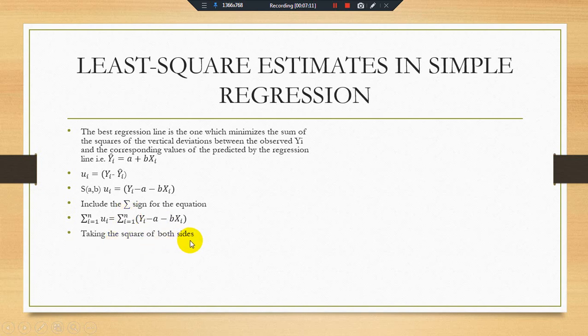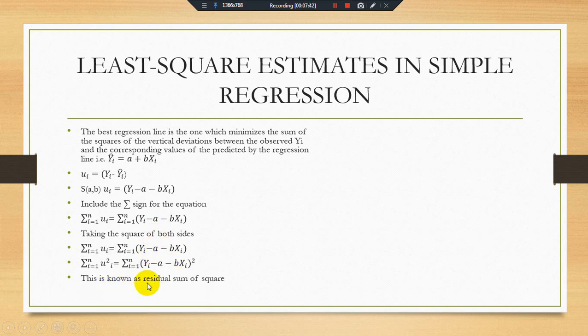Okay, taking the square root of both sides, this equation becomes this. You are taking the square of this equation, and this equation will become ui squared is equal to yi minus a minus bxi. It is repeated here, but this is the square of this equation.